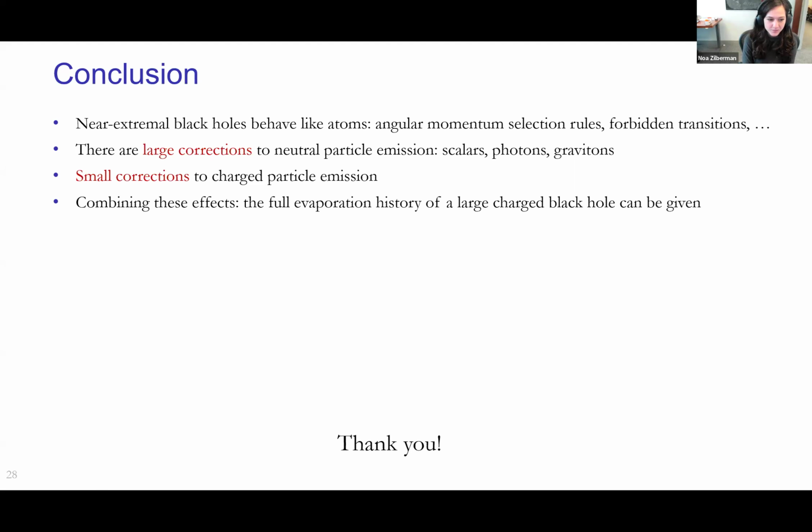Right, any more questions? Yes, let me ask one. I'm trying to understand the difference between the neutral emission and the charge emission. I'm thinking in terms of the Schwinger mechanism also for the neutral ones. It seems that the gravitational field near your extremal black hole is not that different from a slightly non-extremal black hole.